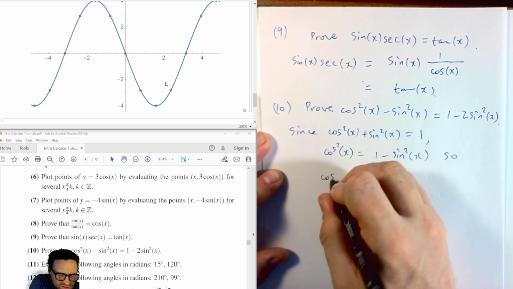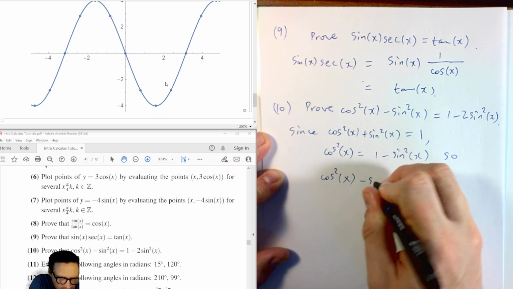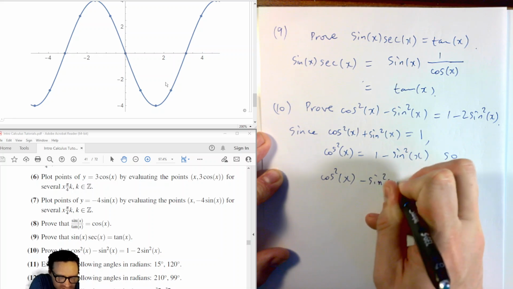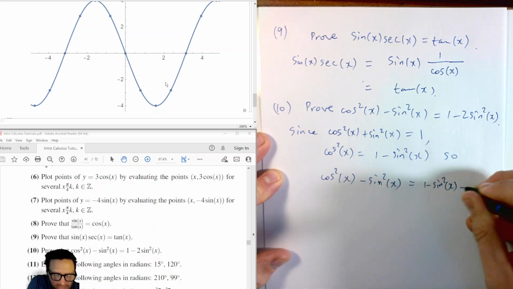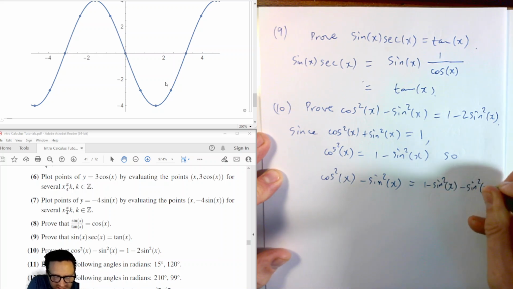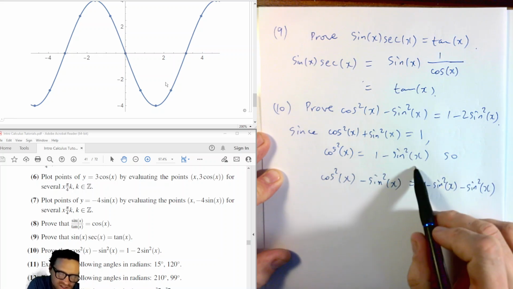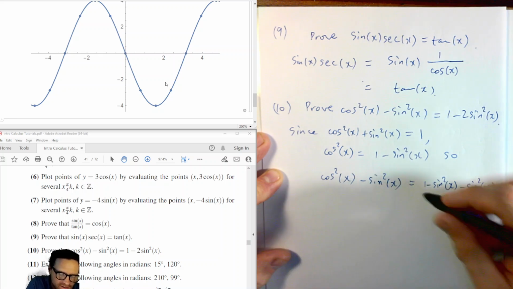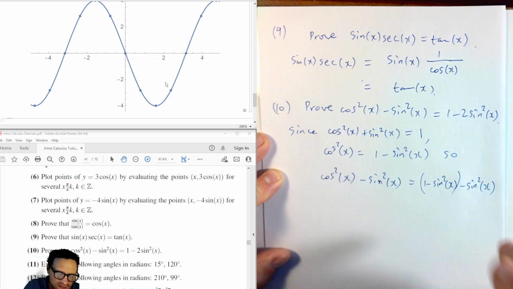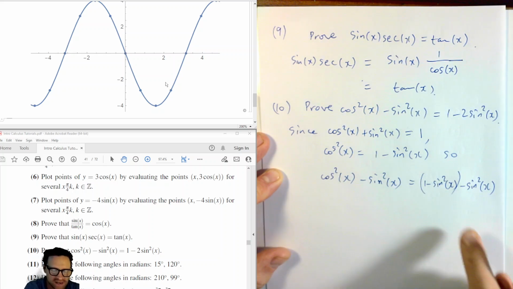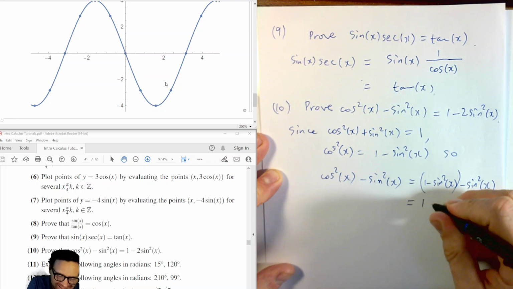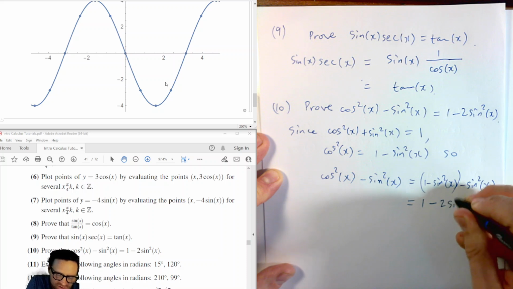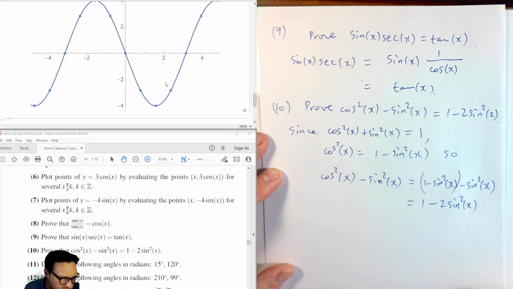So then cos squared x minus sine squared x is equal to 1 minus sine squared x minus another sine squared x. So what I've done is just substituted this in here, and that's this. So let's put a bracket around that, and then we have this. Okay, now if I take the brackets off, you see you have 2 of these minus sine squared x, so we clearly have 1 minus 2 sine squared x. And that completes that proof.